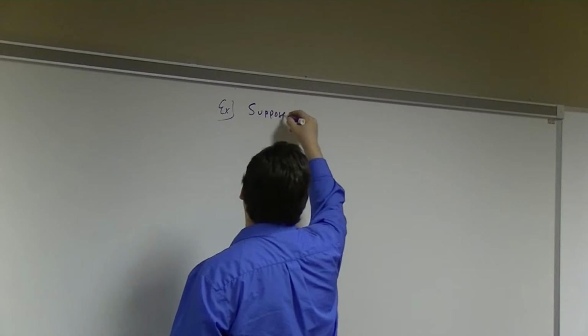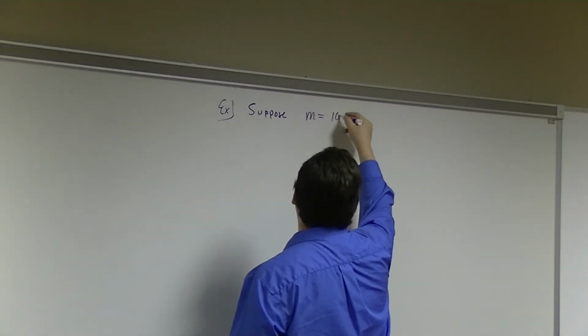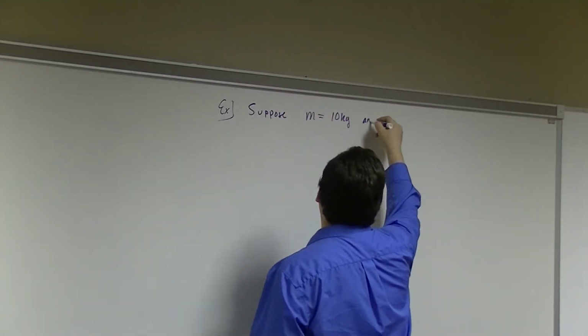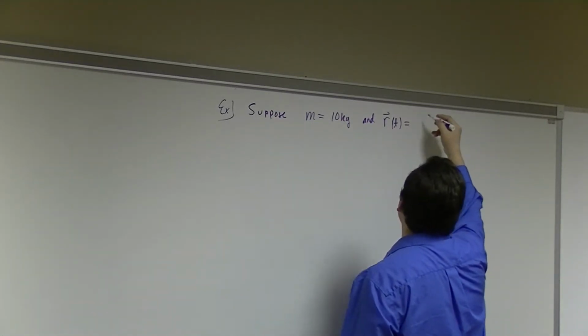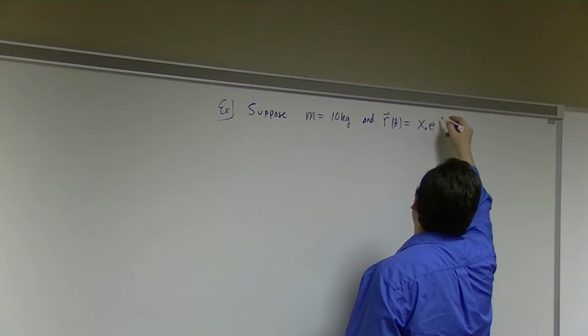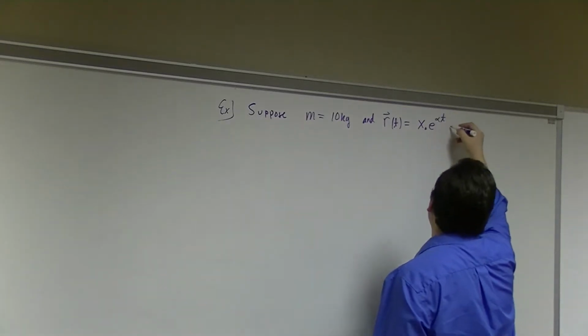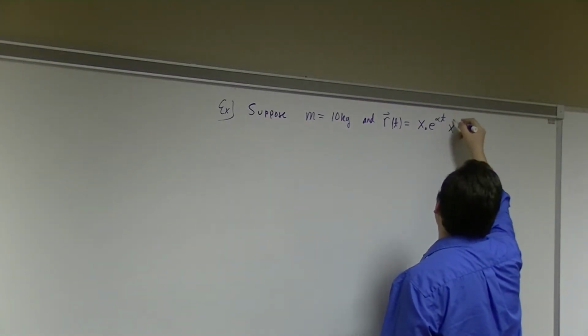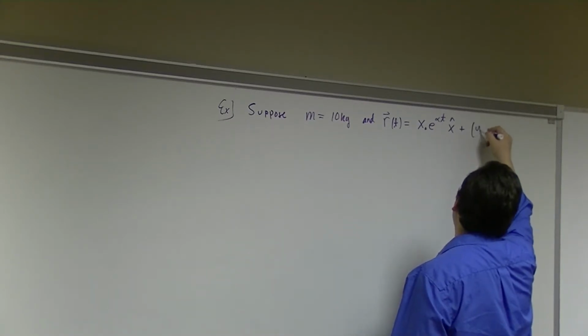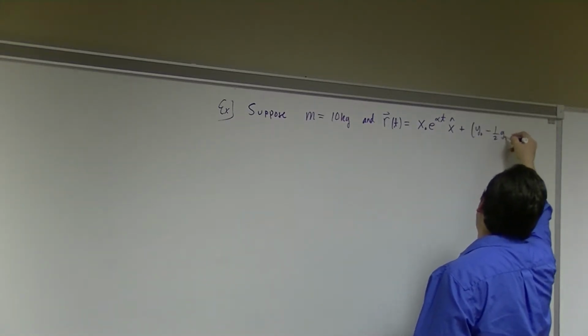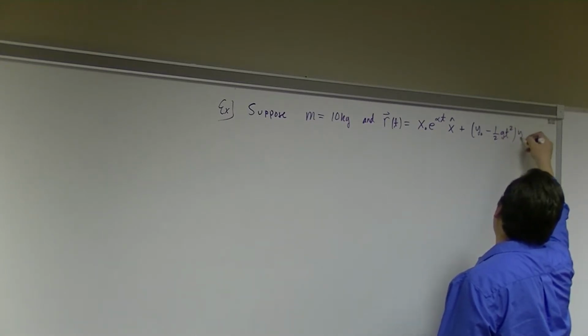Suppose you have a mass equal to 10 kilograms, and your position as a function of time is measured to be x naught e to the alpha t times x hat plus parentheses y naught minus 1/2 g t squared y hat.